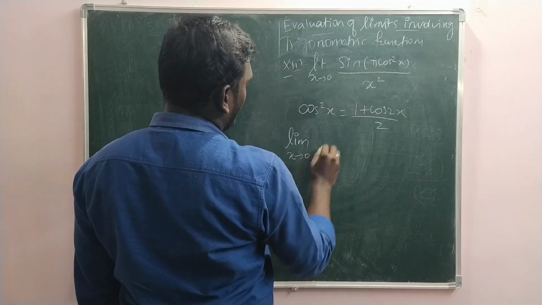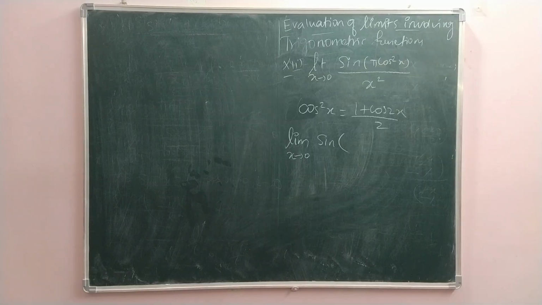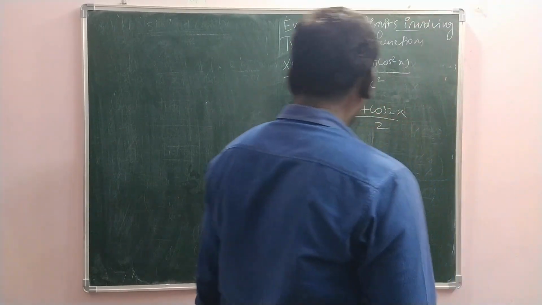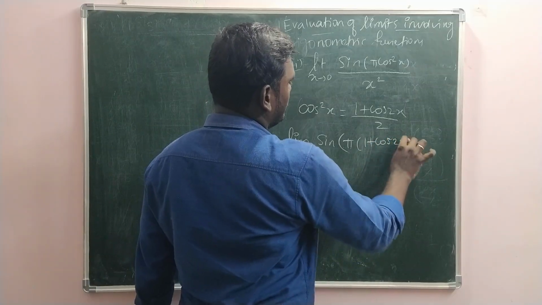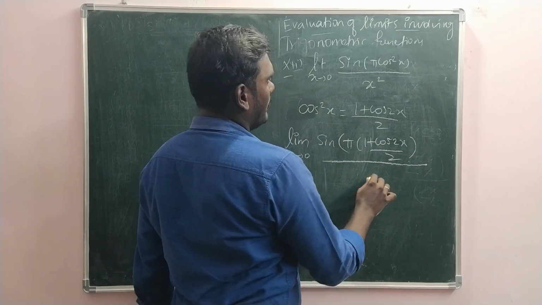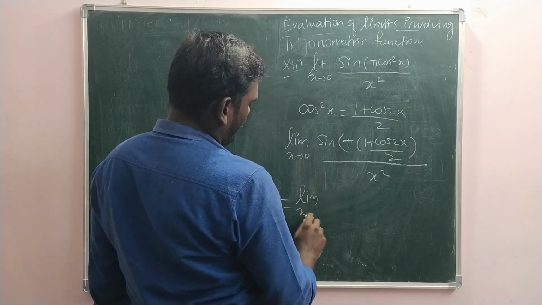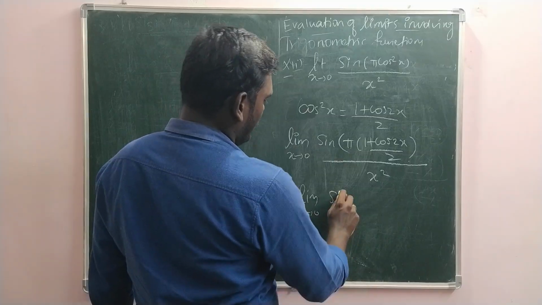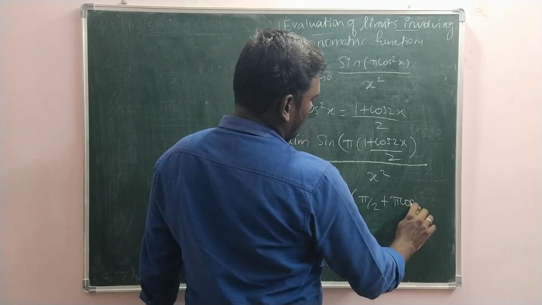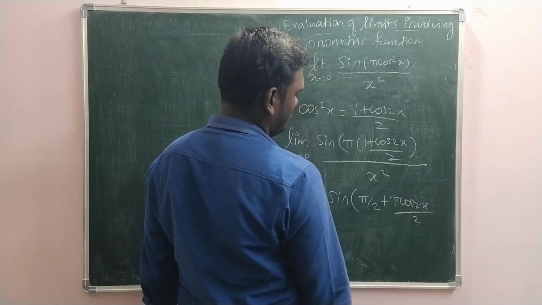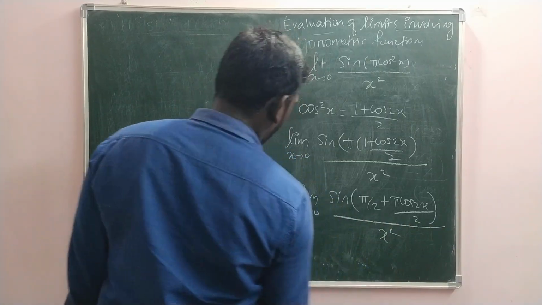So limit x tends to 0, sine of pi into (1 plus cos 2x) by 2, divided by x square, and we will get limit x tends to 0, sine of (pi by 2 plus pi cos 2x by 2), divided by x square.